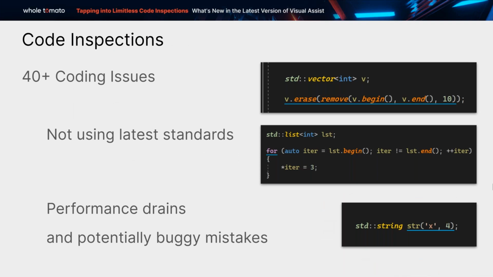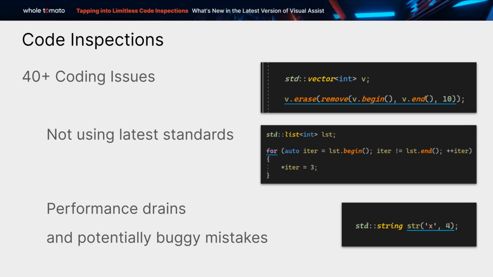All of a sudden you need to go back and refactor a ton of code manually, make sure you don't add bugs, make sure you do it correctly. It can be a huge pain. And ultimately what it tends to result in is code stagnating a bit. So this is one excellent use of code inspections, because there are many checkers in code inspections to modernize the way you use C++.